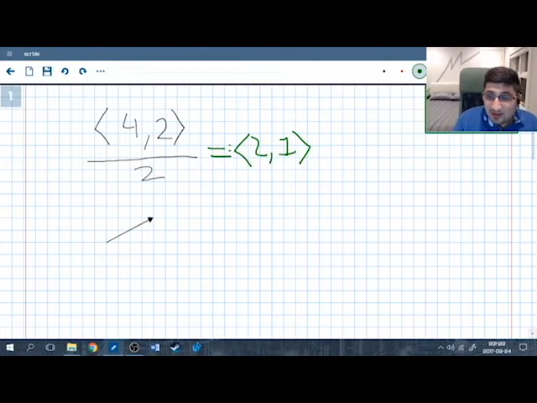Also, one more thing to note. You can write a negative sign here, and this would translate to a -2, -1, and this would change the direction by making it go the exact opposite direction, so not too much of a drastic change.